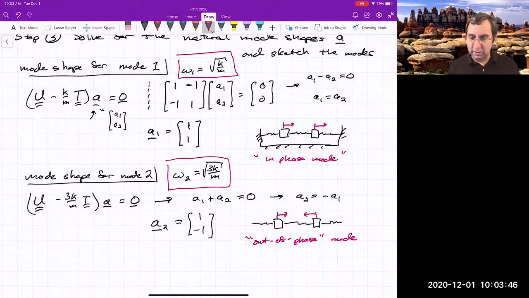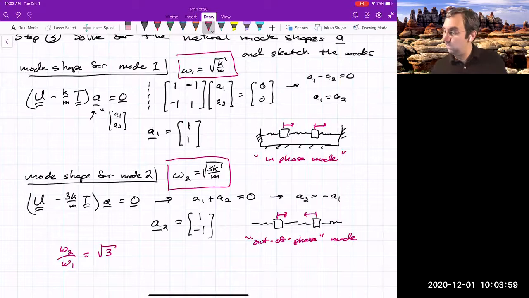In fact, the ratio of these two frequencies, omega 2 over omega 1, is the square root of 3, which notice is irrational. What does that mean?